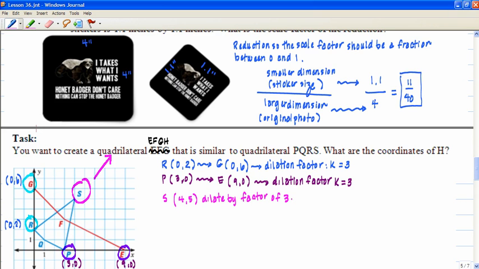Okay, so then we'll just multiply each one of the coordinates by 3. So I will have H, which will be whatever 4 times 3 is, and whatever 5 times 3 is. So it looks like H is going to be at the point 12, 15. It doesn't ask us to graph it, so we'll just leave it at that.